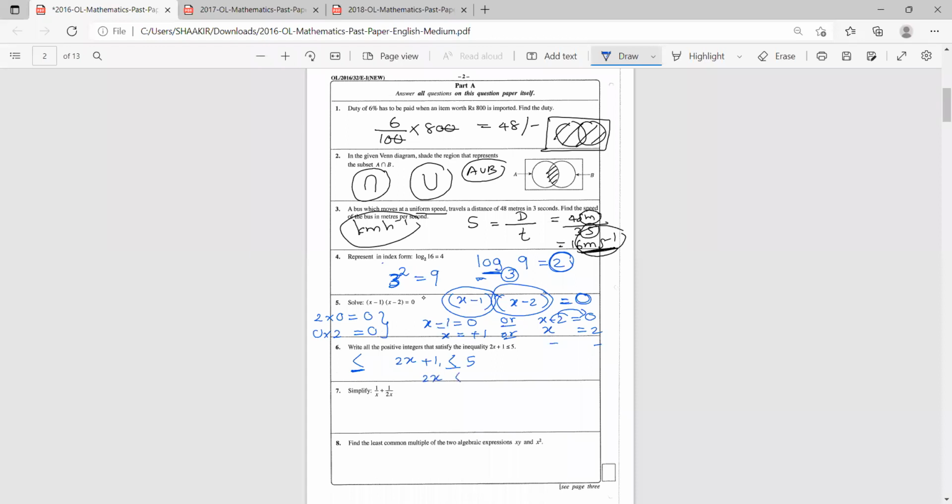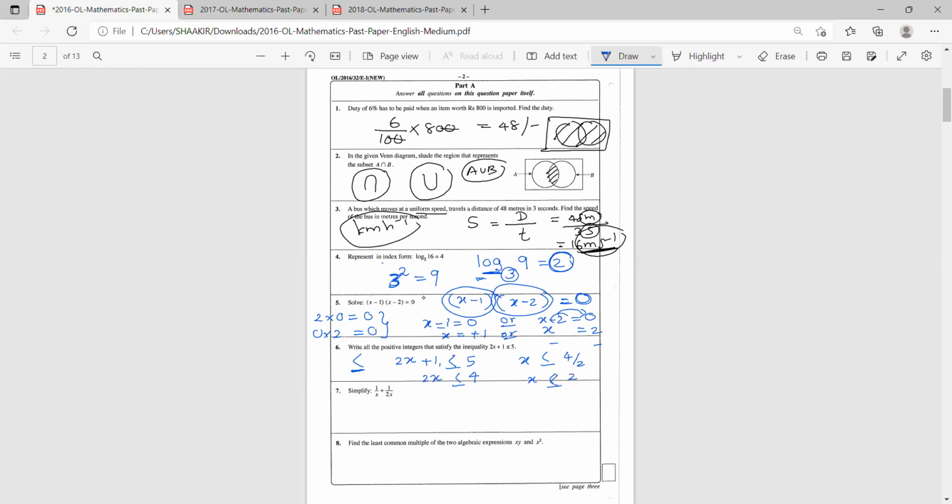Then 2x less than or equal to 5 minus 1, that's going to be 4. 2x is less than or equal to 4. Now you need x, right? So x is less than or equal to 4 divided by 2. Therefore, if you simplify just like the equation, you will be getting 2.